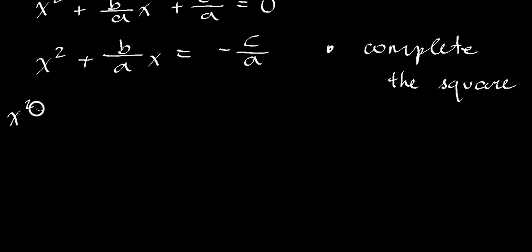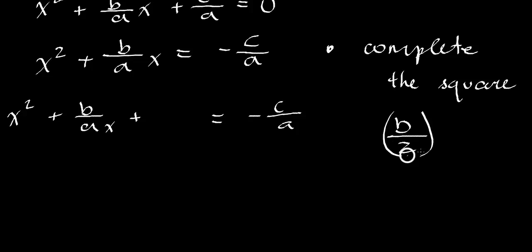So we're going to be filling in a space, plus something equals negative c over a. This something can be obtained from this little formula.